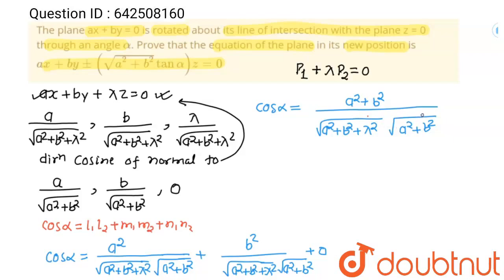Now this is going to cancel with a square root of a square plus b square. Now I am going to square both sides.